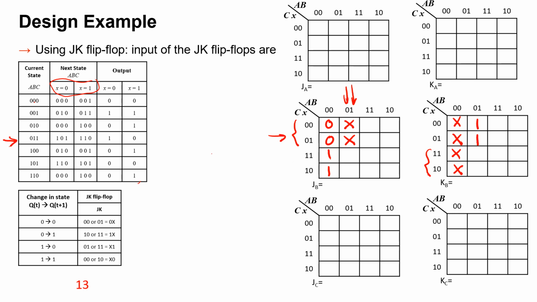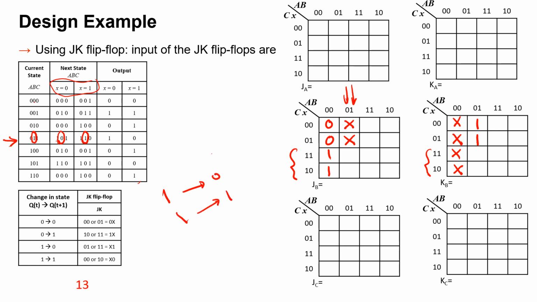This one will be the same column, but the next two rows, I have a transition on B from 1 to 0 and to 1. Transition from 1 to 0 and transition from 1 to 1.